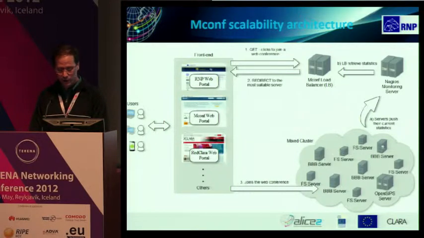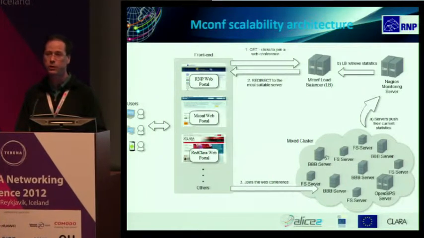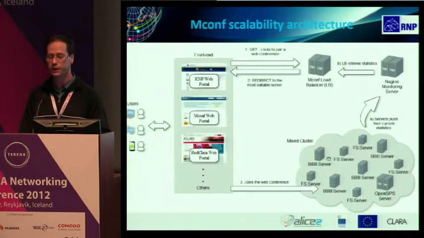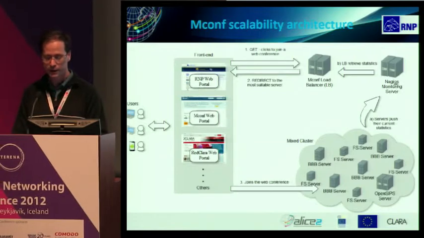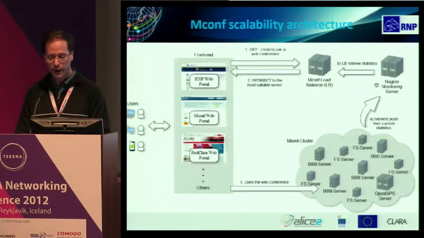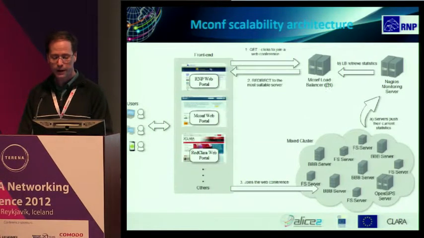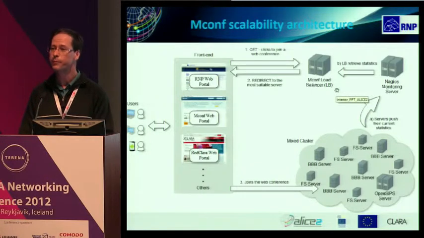These servers send information of CPU usage, memory usage, and bandwidth usage to a Nagios monitoring server. And there is a load balancer, we call it mconf load balancer, which retrieves the statistics from the Nagios server. So this is happening in the background.